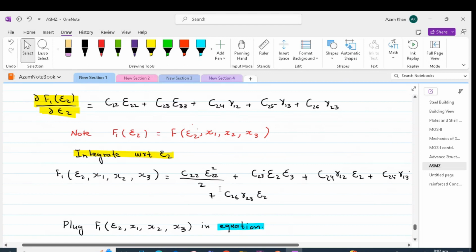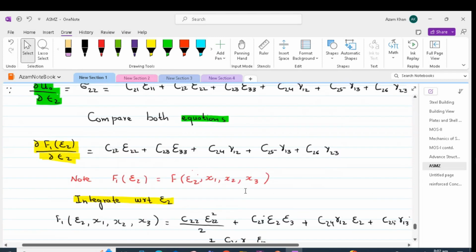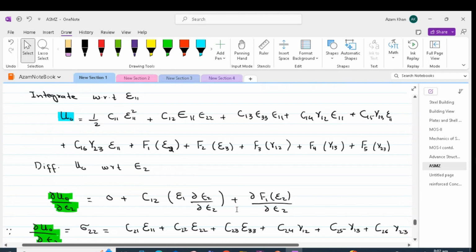From here, we will get the function f1 of epsilon 22, and we can plug that back into our expression of u naught.